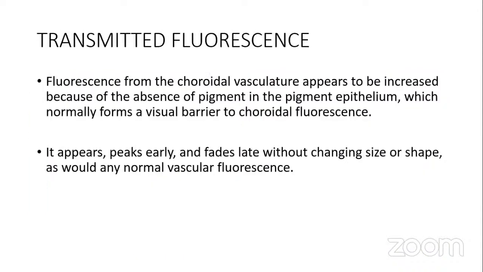So we'll go to the transmitted fluorescence and we'll see why they are the way they are. It's just that the barrier that limits the fluorescence of the choroid from being so evident is torn. So you see the fluorescence of the choroid. So you correlate it with the choroidal fluorescence. So when should it come? That's the simple thing that helps it to be understood.